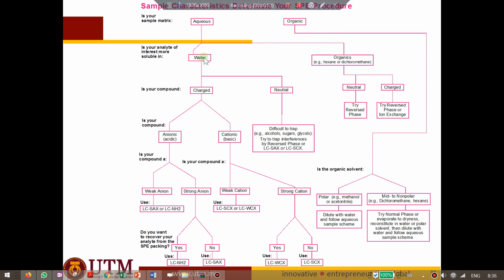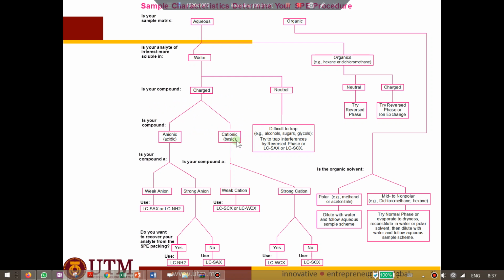Okay, if your analyte is charged, you need to proceed with what we call the ionic SPE. If your analyte is neutral, you need to use a reverse phase SPE, because when we say neutral, it doesn't have any charge, it's not ionic. If your analyte is charged, either anionic or cationic, for example, you want to analyze chloride.